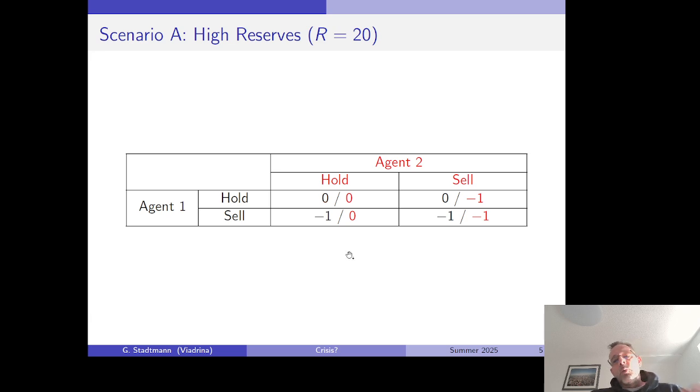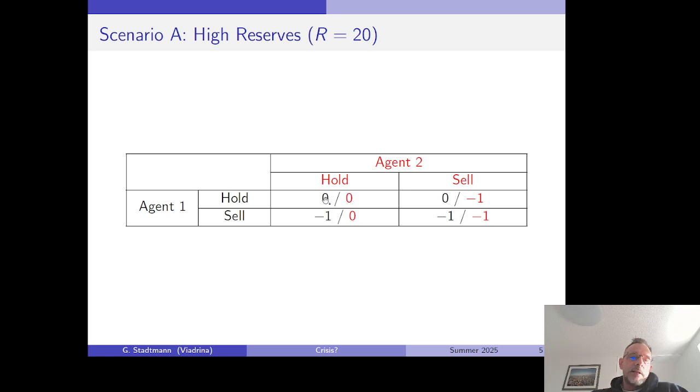Great. Let's check whether one of the players has a dominant strategy. What if agent 2 plays hold? What is the best response of agent 1? In case that agent 2 plays hold, agent 1 has to compare the black 0 and the black -1.